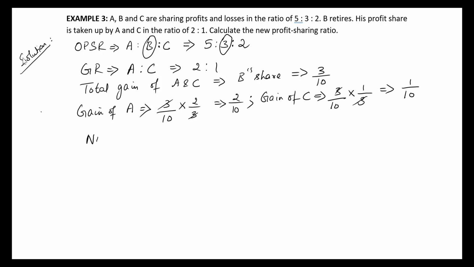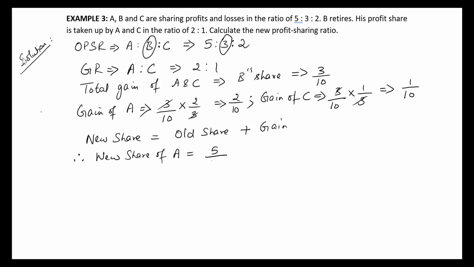Now we can apply the formulae. New share is equal to old share plus gain. Hence, new share of partner A will be equal to his old share, which is 5 by 10, plus his gain, which is 2 divided by 10.